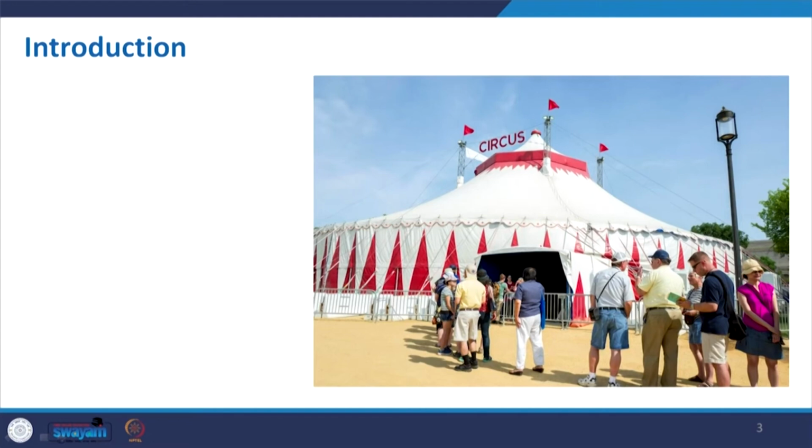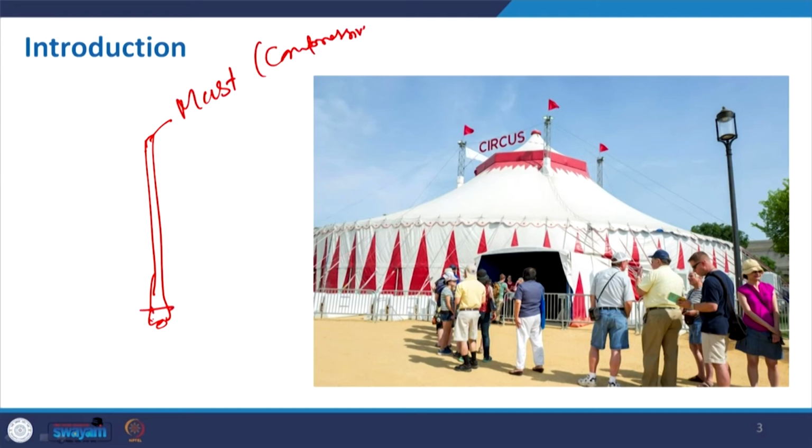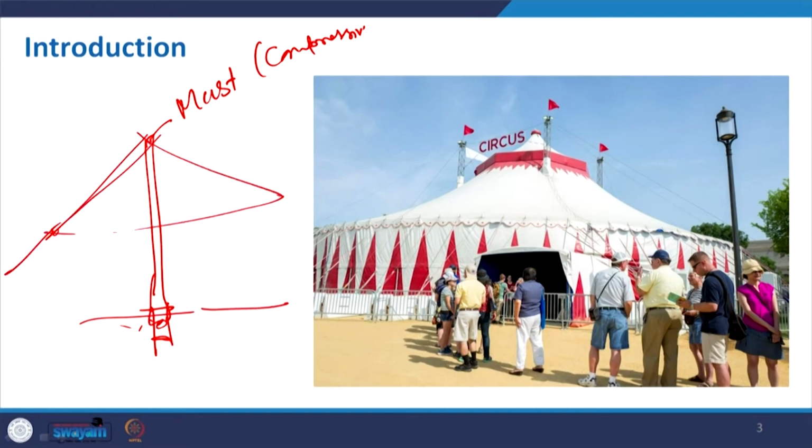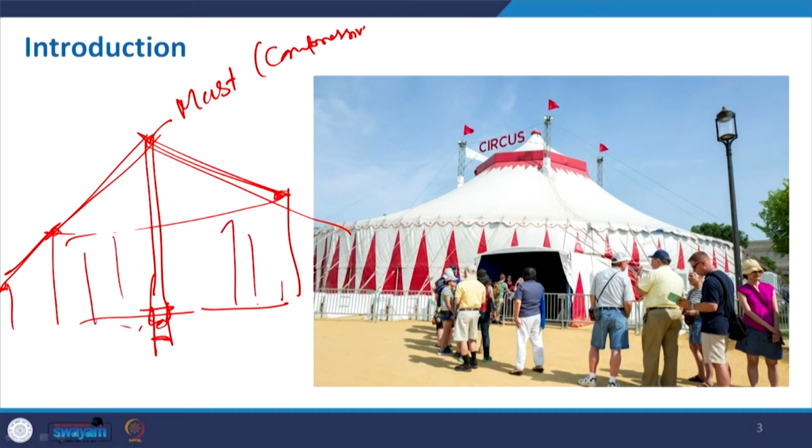If I want to make a cross section of that, there must be a single compressive mast, as when we discussed about the tensile structure, that there will be some mast which is basically your compressive mast, which is anchored to the ground, and then from there different cables are placed, and this particular cloth, here the cloth is referred to as the membrane or fabric, is given the tension and the form is created. So, you do not require any other vertical support here. So, this tent like structure is a tensile structure, and with the membrane we use, we can create the form.